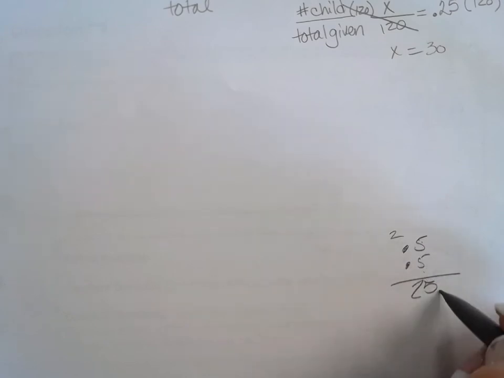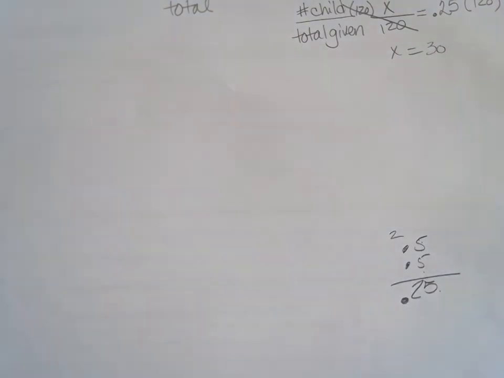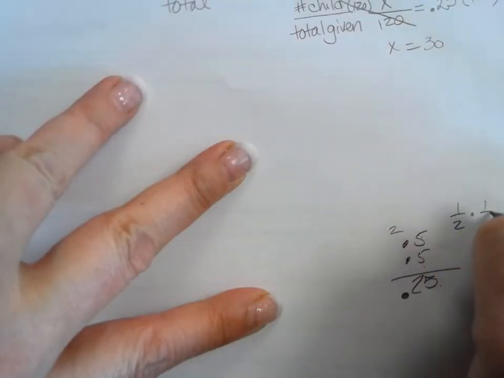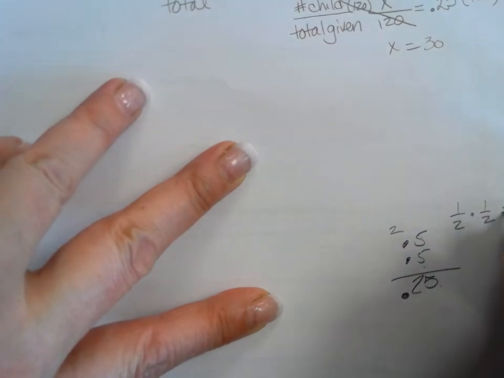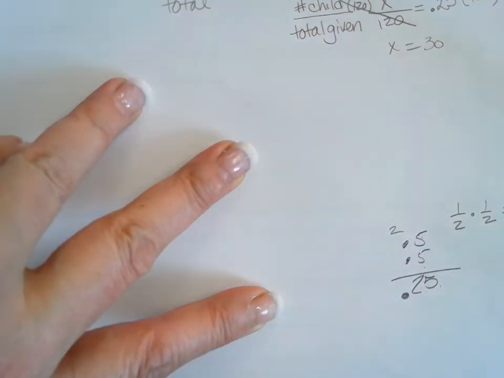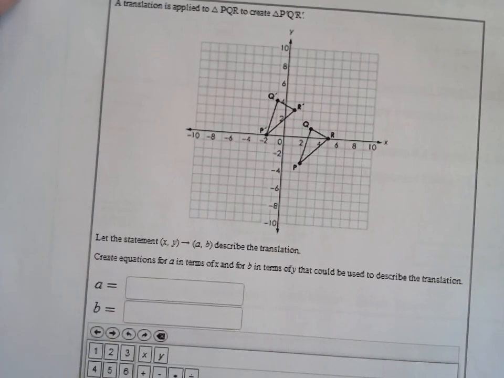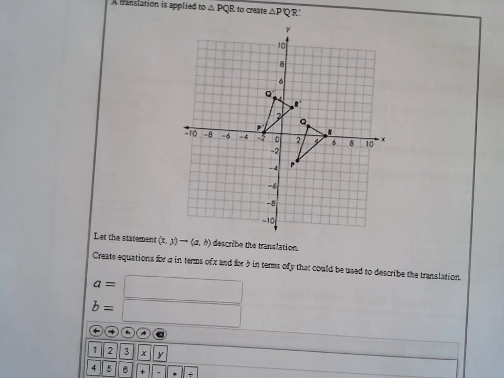And now I have 2 decimal spots. Whenever you multiply fractions, that's like saying 1/2 times 1/2, that gives me 1/4. Anytime you multiply 2 fractions together, you get smaller. If you multiply something by itself and it's below 1, you get less than 1. Okay. All right.